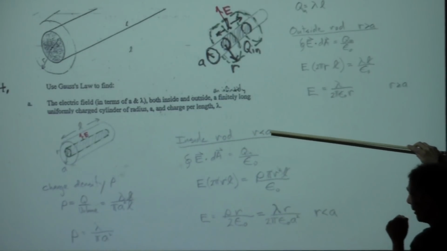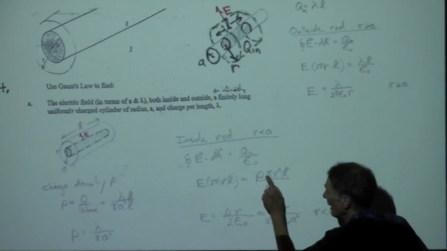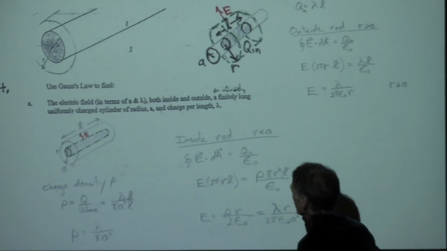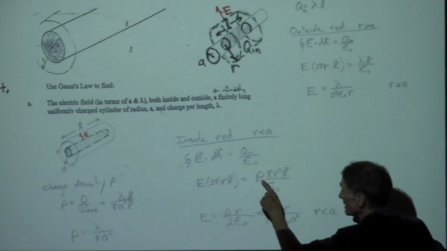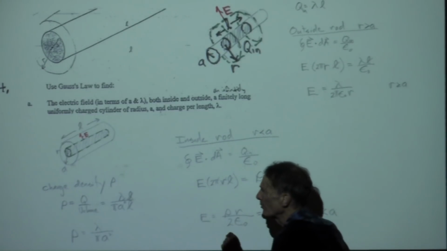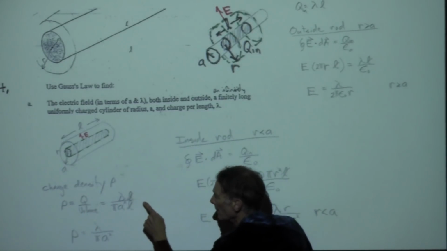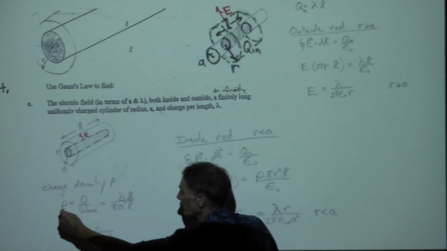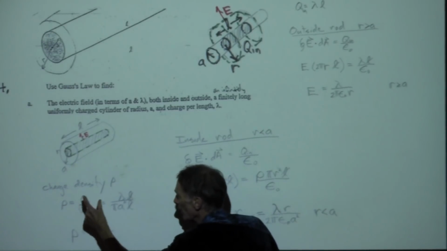On the inside, where r is less than a, we have Gauss's law, and we want to get Q enclosed. Well, Q enclosed depends on the charge that's inside. That charge inside is going to be the charge density, but he gave us lambda. Let's back over here and look at this a little bit. The charge density, rho, is equal to the charge over the volume.